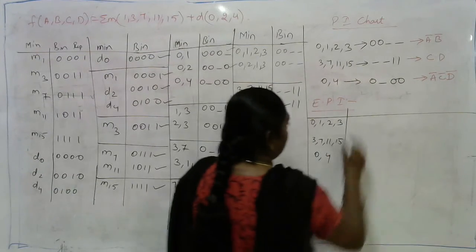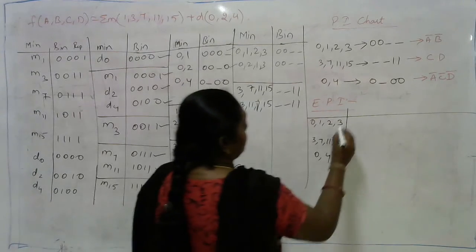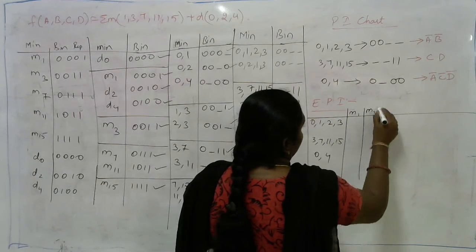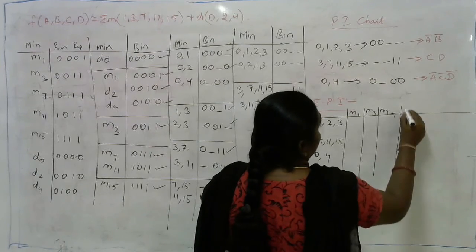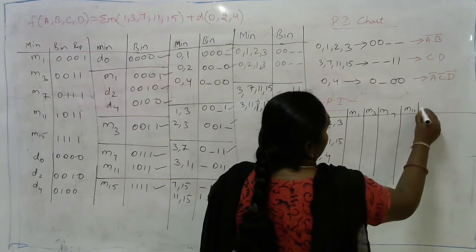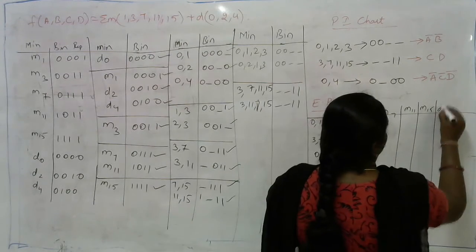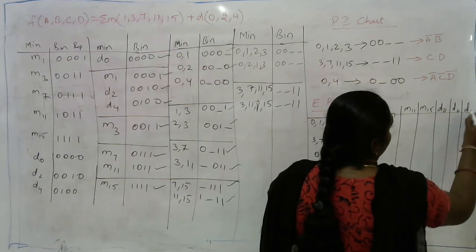Then write down the given minterms, that is M1, M3, M7, M11, M15, followed by don't cares also. D0, D2, D4.